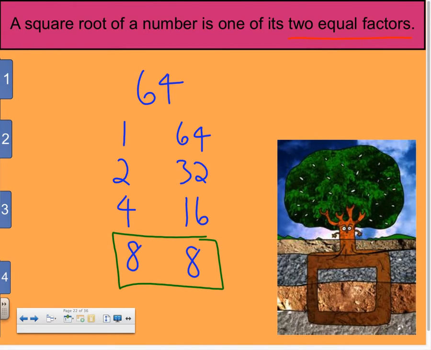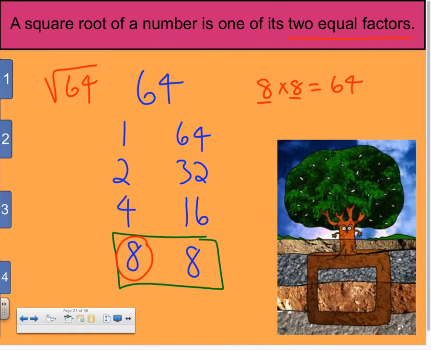What that means then is 8 is the square root of 64, because 8 times 8 equals 64, and both of the factors are equal. So if I am asked to find the square root of 64, I'm looking for the factor that's multiplied by itself to get that 64.